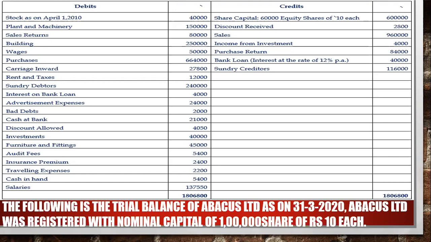So in this case 4050 you are allowing to your customers and 2,800 you are receiving from your suppliers. So you have to give the net effect over here. Clear everyone? Next is investment. You have to write it as long-term investment on the asset side.